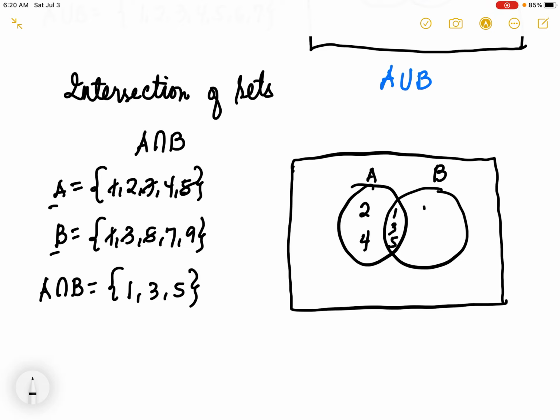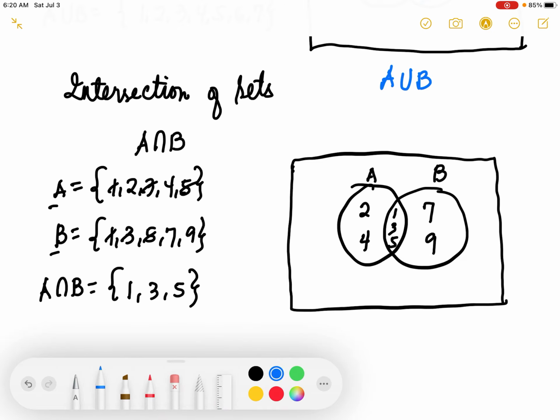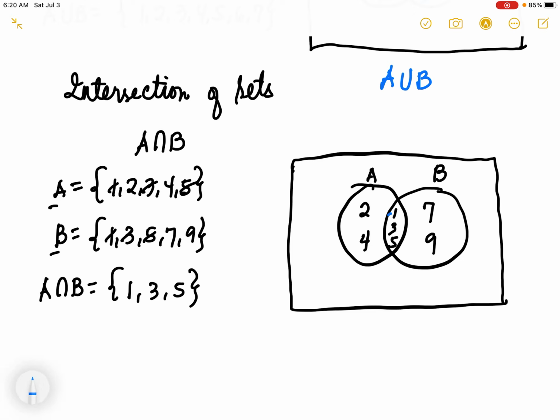Then for the other side, we have 7 and 9. So the A intersection B there is this one. That is A intersection B.